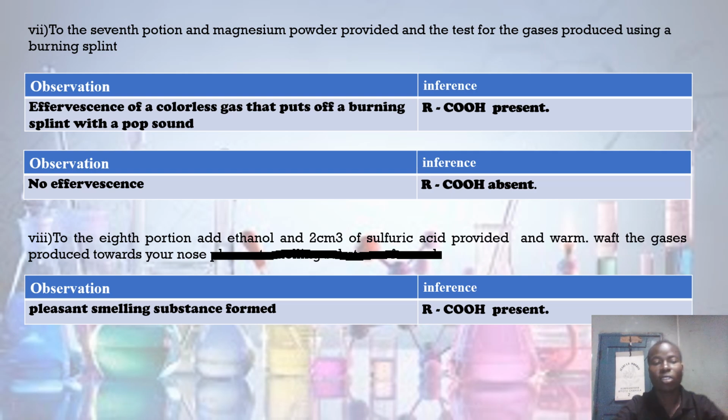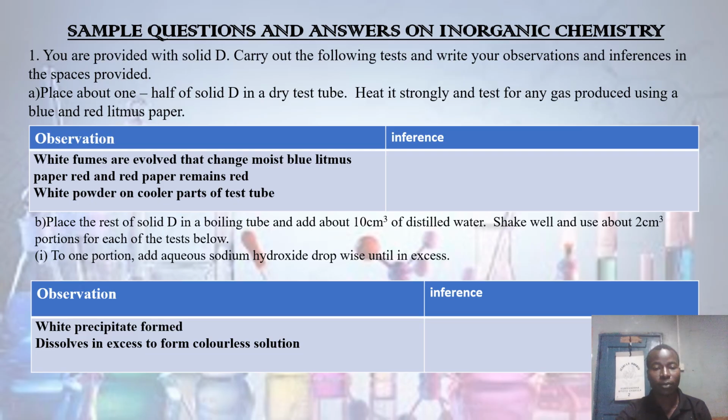So in this case, the observation is that a pleasant smelling substance has been formed, which will imply that RCOOH is present, because remember in this case we are having the esterification process. We are forming an ester when you react an alcohol with an alkanoic acid in the presence of sulfuric acid and warm.